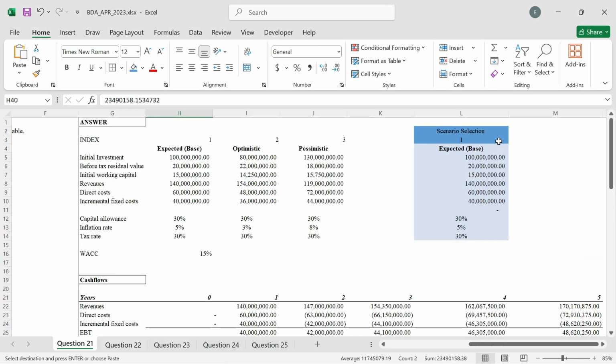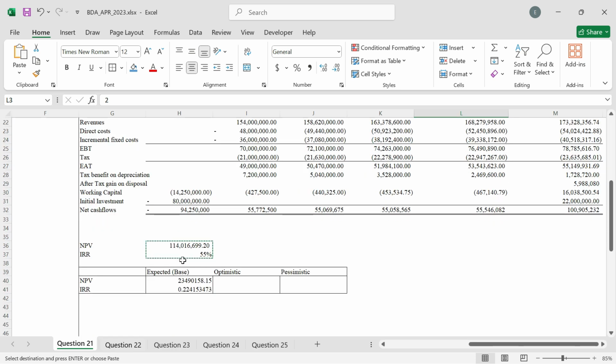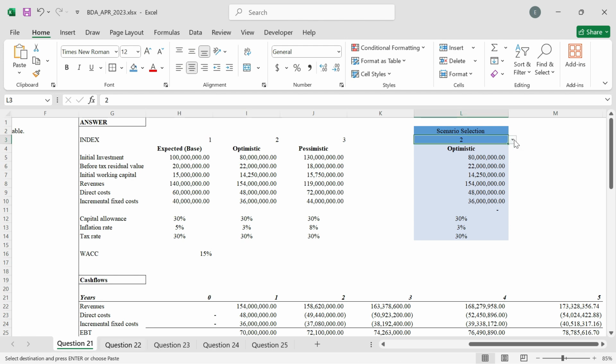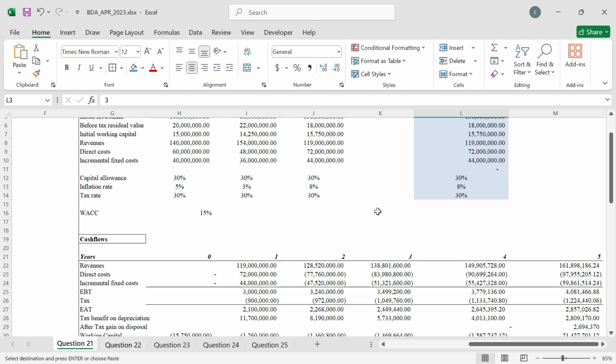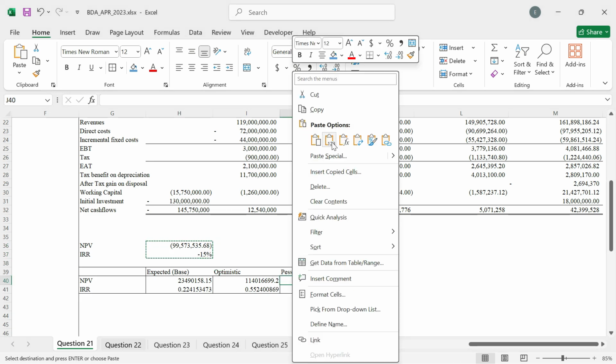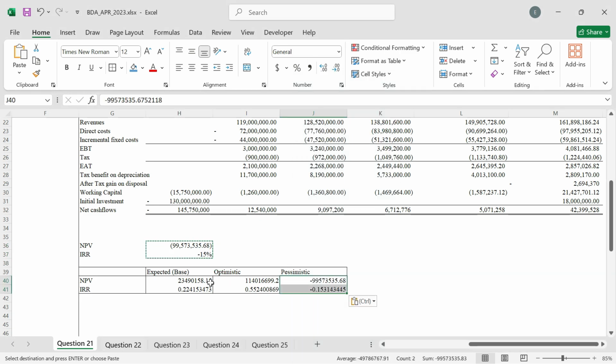Then go to the top, change to scenario 2, pick the respective values, and paste them here as values. And then finally switch to scenario 3, where I'll copy these values and paste them here as values.